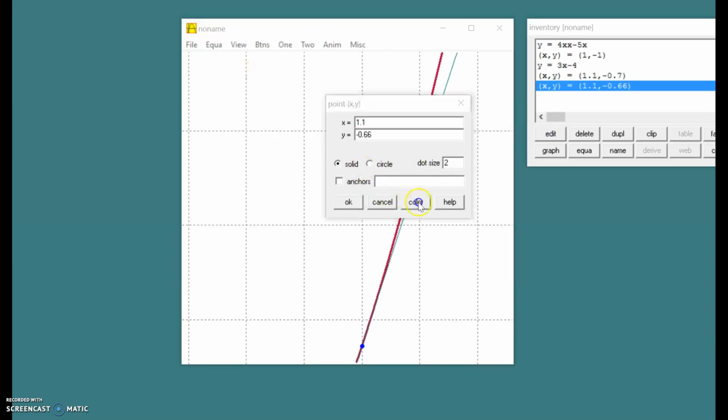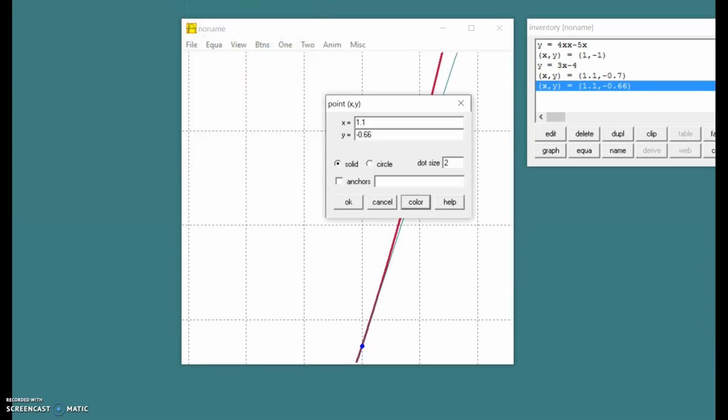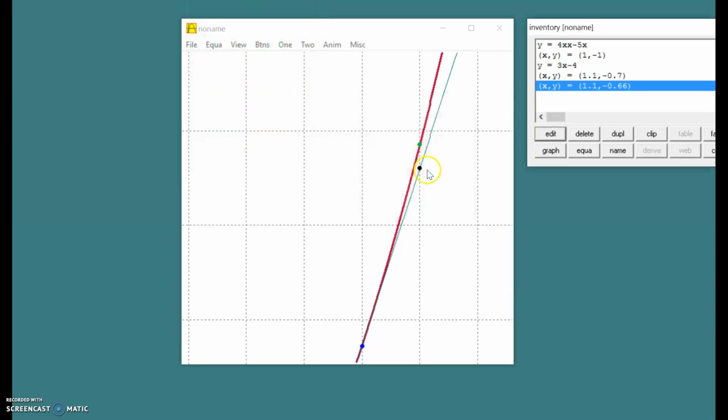Let's make it this green color. Here, if you can see the cursor, is the estimated value using the tangent, and the point that's on the curve is the actual value when x is 1.1. It gives you an idea that the separation between them is very small, and remember we're zoomed in very far here. The separation in fact is 0.04.